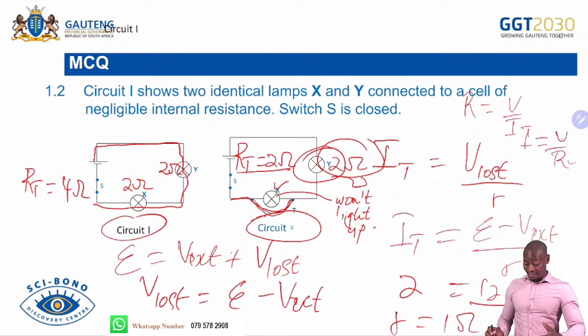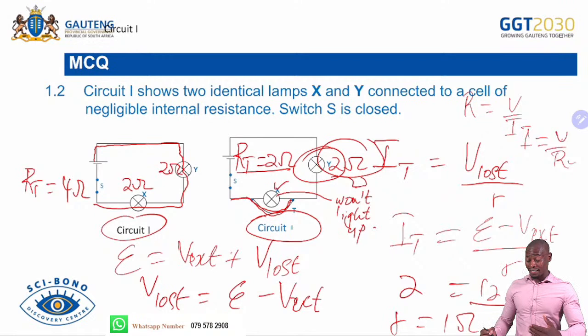But where did this start? Remember that wire is connected across X, and that wire has 0 resistance. So since it has 0 resistance, the current will just pass through that wire. In other words, we are removing X, okay? So if we remove X, what happens to the total resistance? We are removing a resistor or a bulb connected in series.